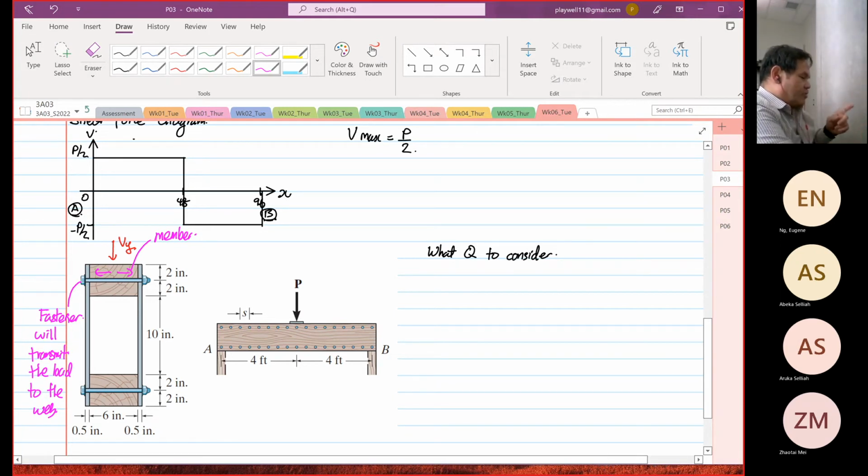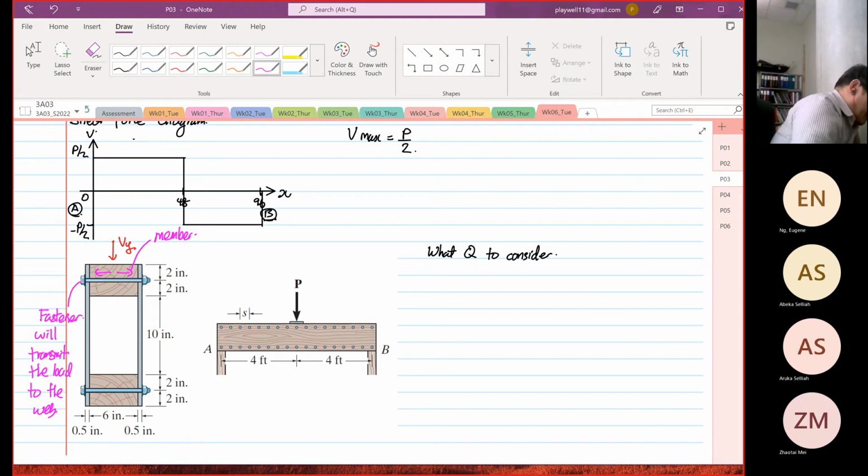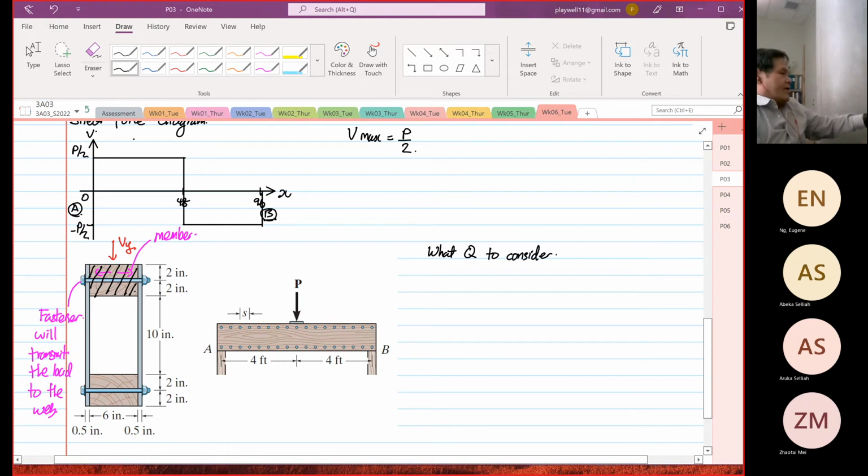So what is the first moment of area that will occur? Which one to consider? The cross-sectional area to consider is this area over here. Now you will say, Eugene, why that area? Because the member distributes the load.